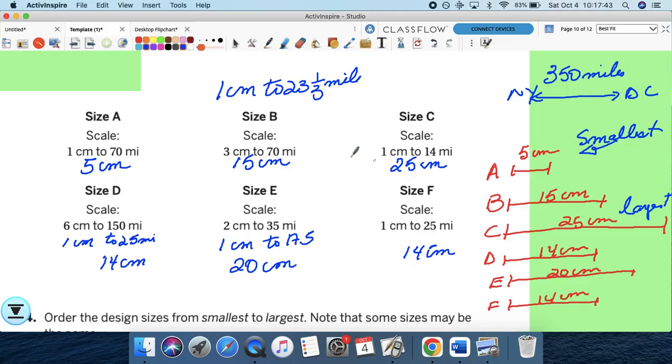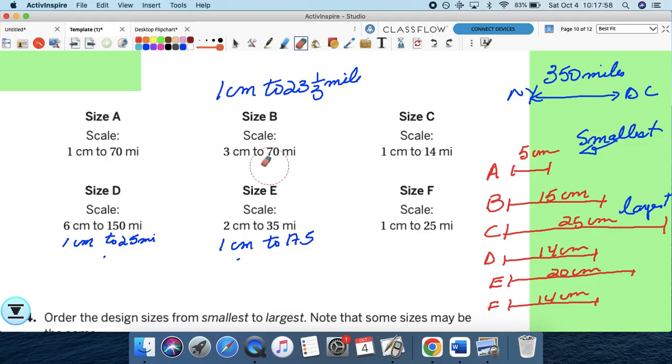Now, what do we notice? Well, let's look at the scale. Let me erase this, and this, and that. So look at the scale right now. I want you to use a scale where we're comparing everything to 1 centimeter. I'm going to get rid of this because it simplifies to 17.5, and this one simplifies to 1 to 25.